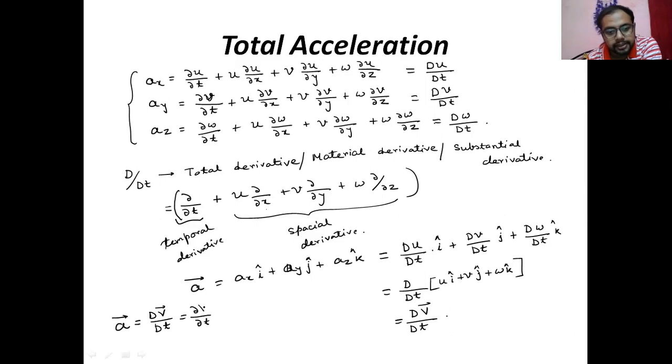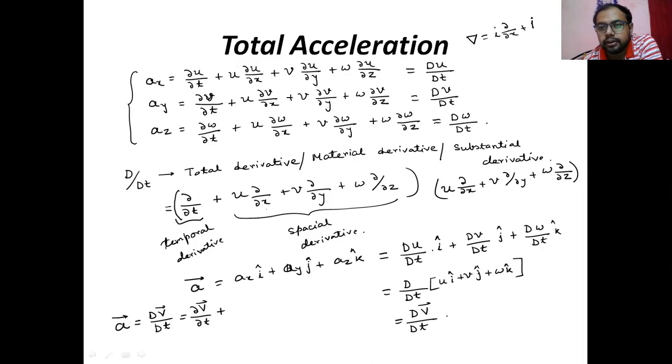So a is the total derivative of the velocity, dV/dt: the partial differentiation plus this term. How can we write this part in vector form? Here, u del/dx plus v del/dy plus w del/dz. Introducing the del operator: del is i d/dx plus j d/dy plus k d/dz.